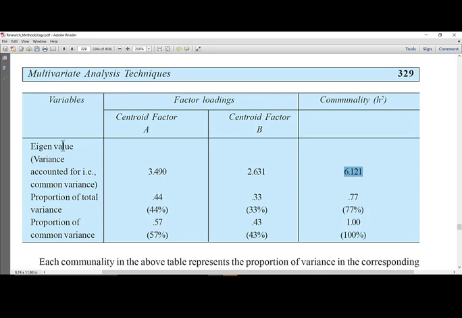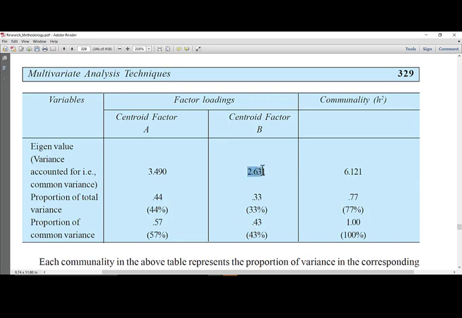So these are the eigenvalues, the variance accounted for, that is the common variance. Now what about the proportion of common variance? If we come to this proportion of common variance, the meaning here is 3.490 divided by 6.121. So that is 0.57, so 57%. And this 0.43, how have we got it?